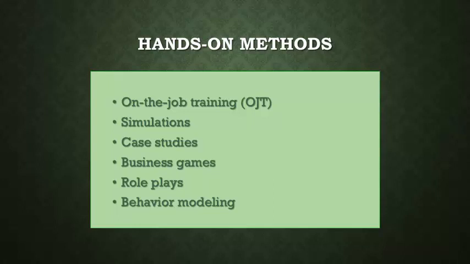So you are able to learn and you're able to receive feedback based on how you actually do it. It is important that these simulators be as realistic as possible in order to be effective. We'll talk a little bit more about simulations next week when we look at augmented reality and virtual reality and how they are really changing the landscape of training and development, creating these environments in which we can learn in a safe environment.